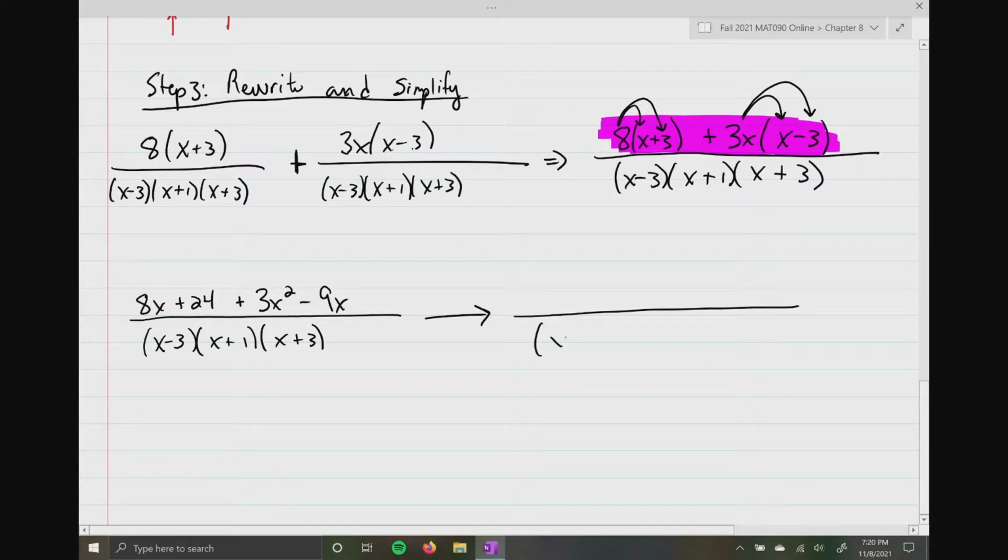Now that denominator stays the same. I'm going to group any like terms and write it in descending order. So I get 3x squared out front, I get 8x minus 9x, or minus x, in the middle, and then lastly, I get 24 for my constant.